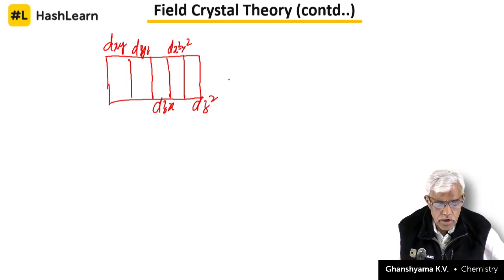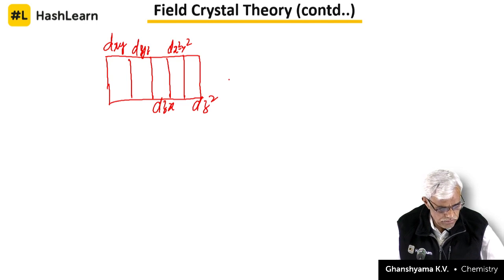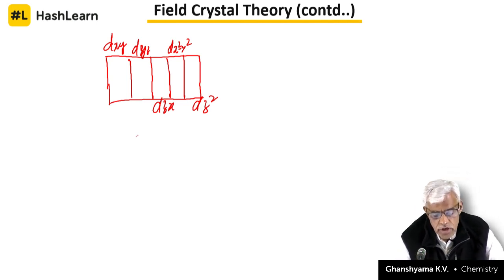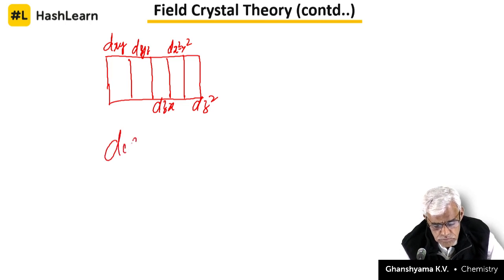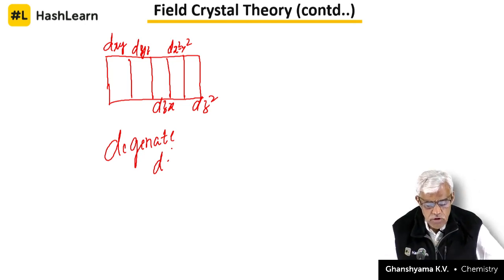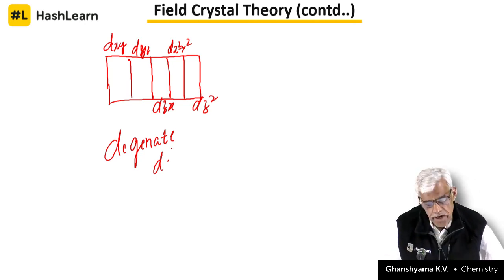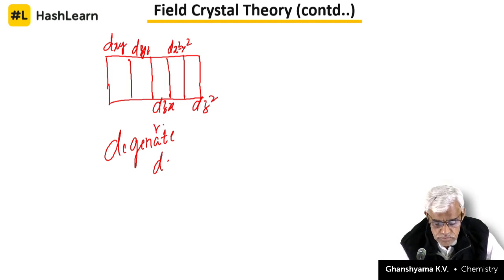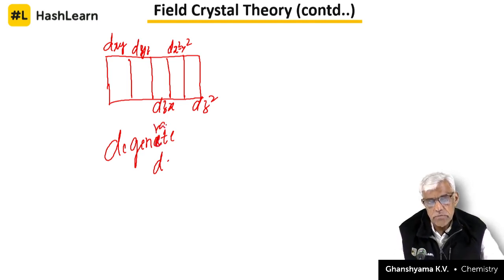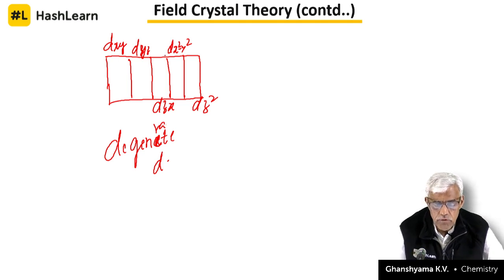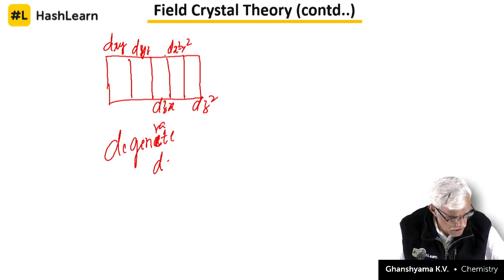They are all of the same energy. It's called degenerate d orbital. D orbital is degenerate. They are all of equal energy.